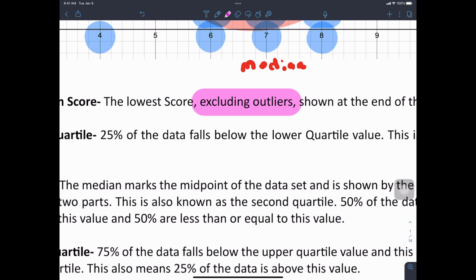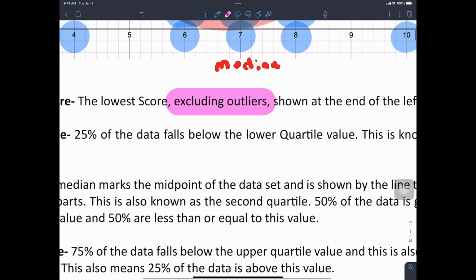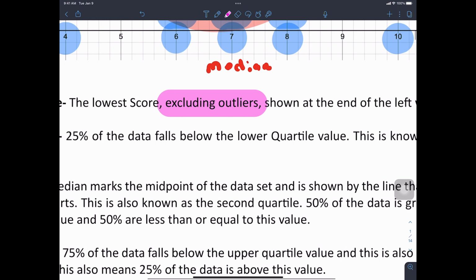Anybody know what an outlier is, by the way? You guys know what an outlier is? No? It's okay if you don't. We're going to talk about them. It's outside another interval, and we're going to see that. But think of an outlier as a data value that is far apart from all the others.